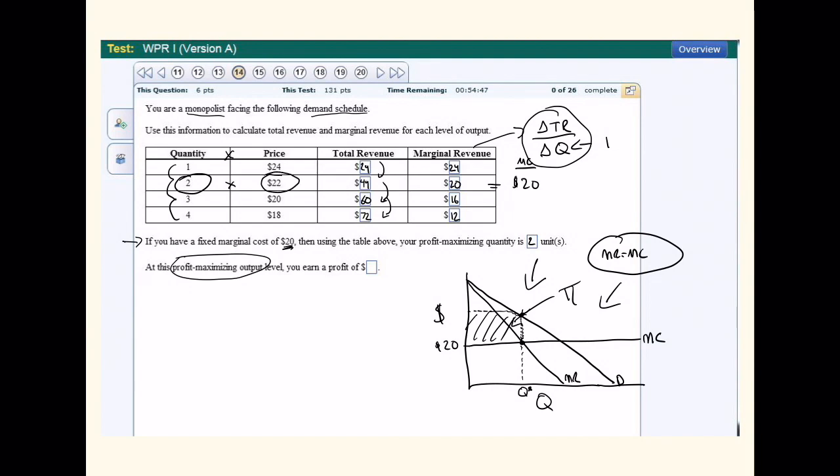So essentially we're going to be finding the area of this rectangle in this picture. It's also important to note that the marginal costs are equal to the average total cost in this example.